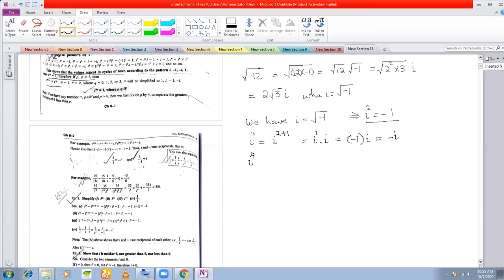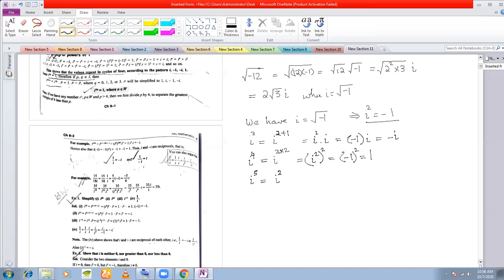Similarly, if you want to write i to the power of 4, it can be written as 2 into 2. So this can be written as i square square. And you know i square is minus 1. So minus 1 square. So it becomes 1. i to the power of 5: how will you write i to the power of 5?